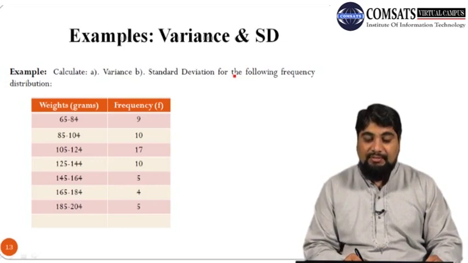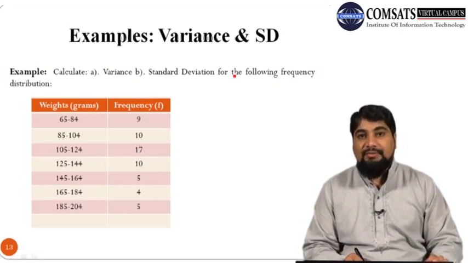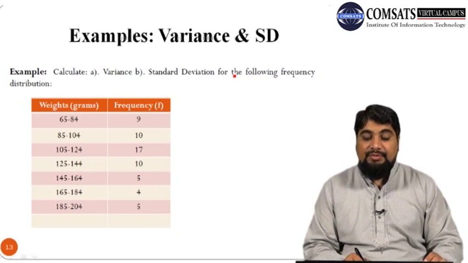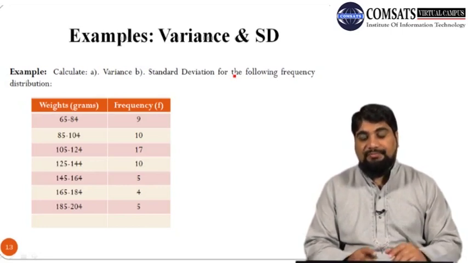So from this frequency table we can see that there are 9 students having weight from 65 grams to 84 grams, and there are 10 students having weight from 85 grams to 104 grams, and so on. So this is the frequency distribution we are interested in calculating the variance and standard deviation for.